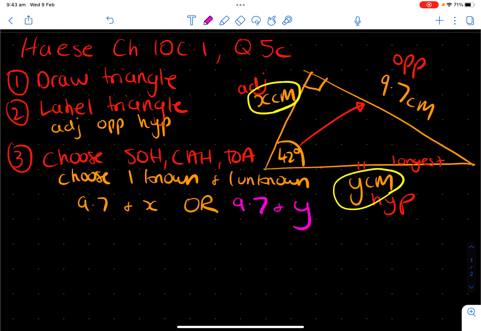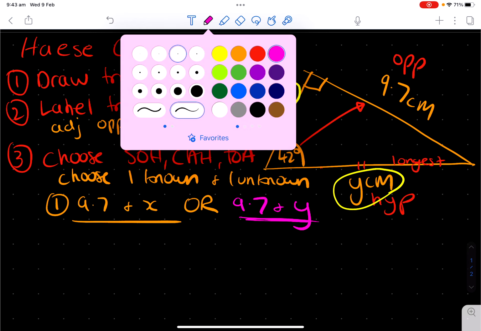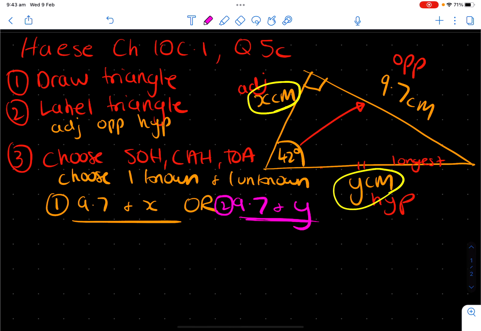So you've only got two choices. So essentially you need to go, what are you going to do first? Are you going to solve x first, or are you going to solve y first? So you can think of this as step 1, and then this is step 2, because you're going to do both of these equations.